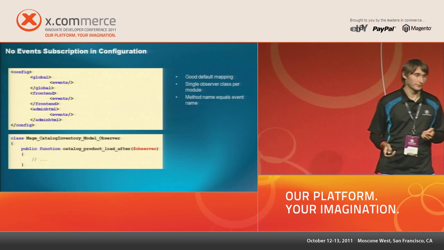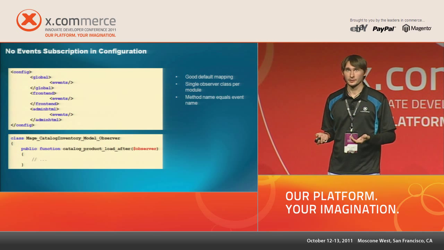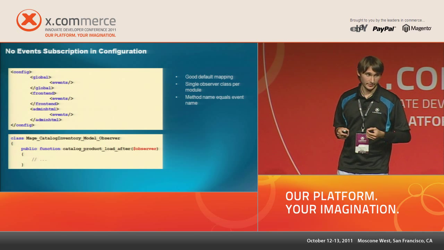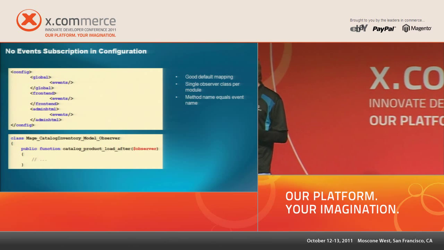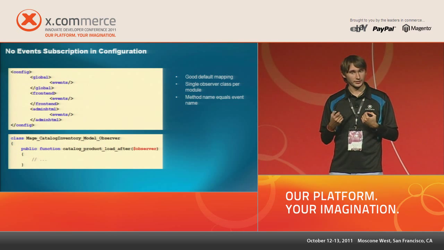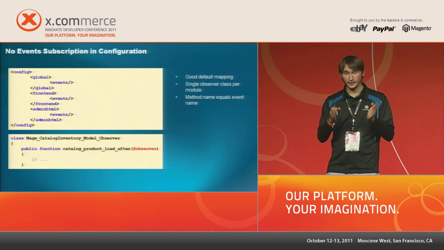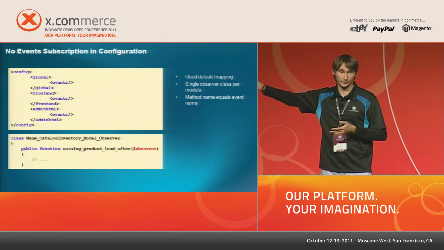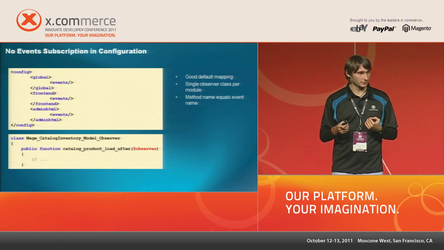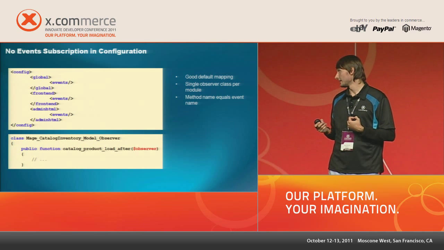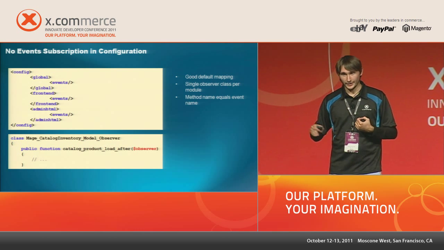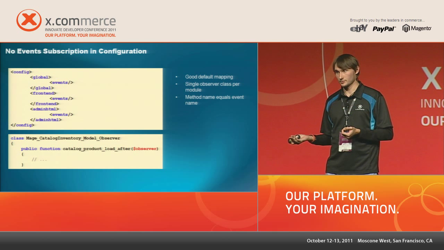So the first convention would be, why not always use the same class name, which includes the module name, for all event subscriptions of the module. So module name plus, for example, Observer. Okay, it's the first convention. So choosing the default class name for all event subscribers, and then simply naming the methods exactly the same as event names.